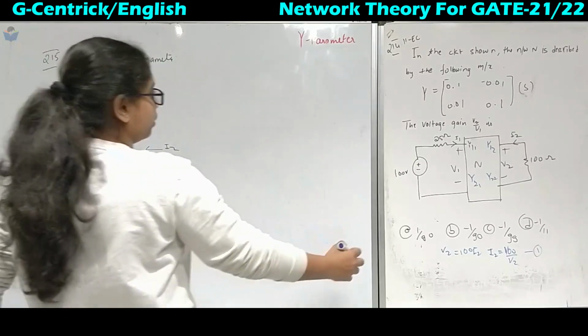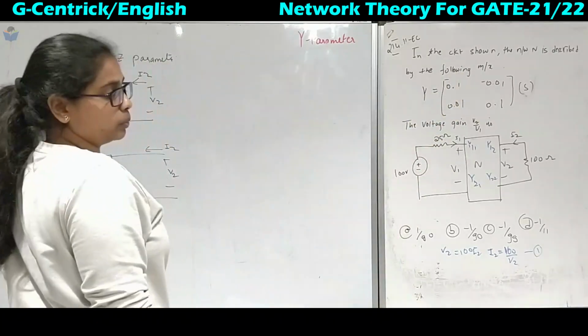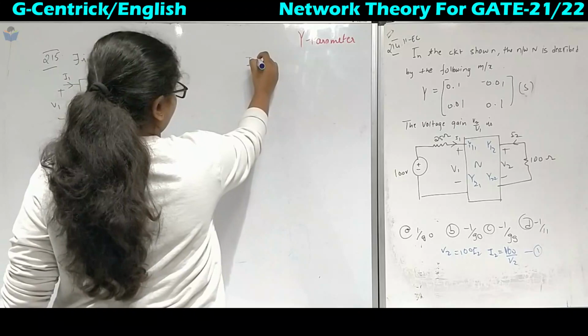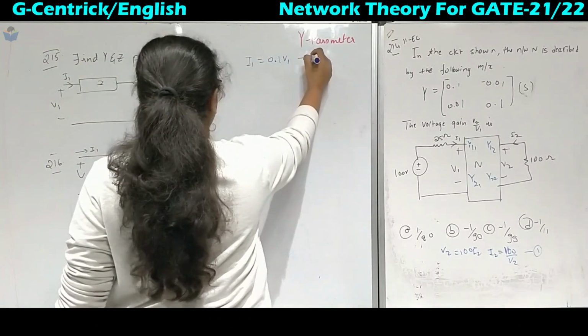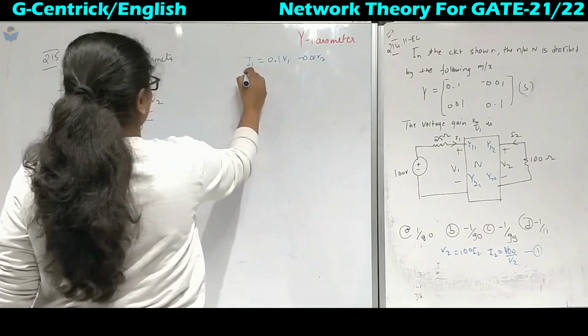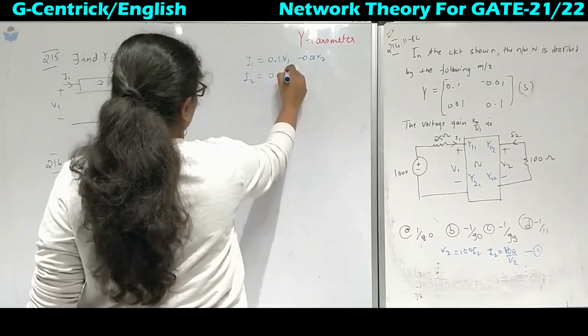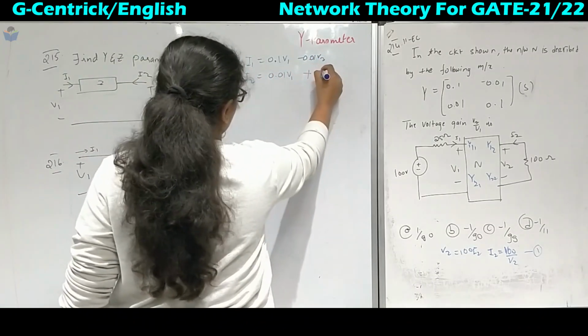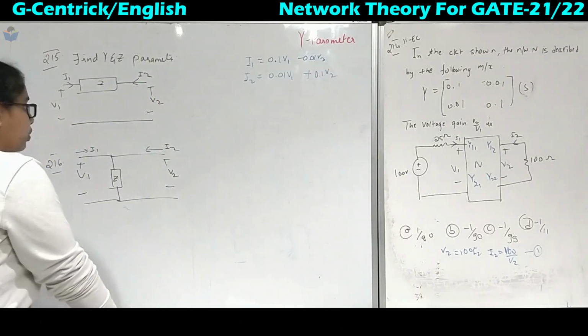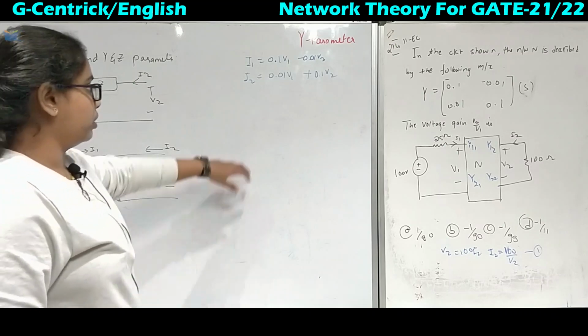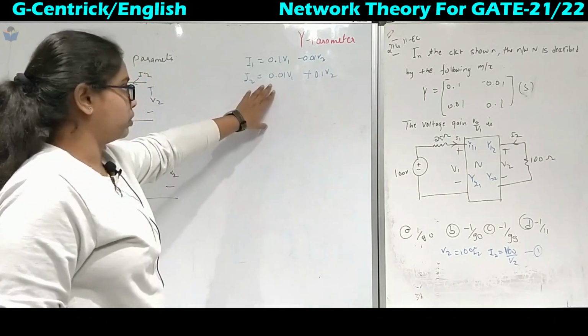Now we will write as usual our equations. I1 equal to 0.1 V1 minus 0.01 V2, then I2 equal to minus 0.01 V1 plus 0.1 V2. That much we have got now. What do we need for this I2?